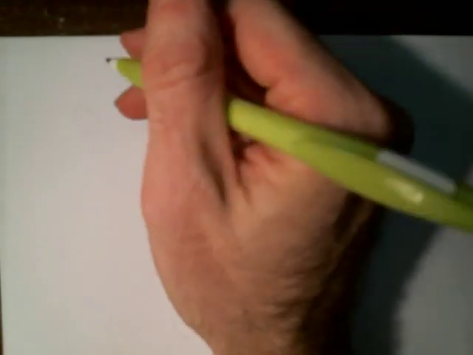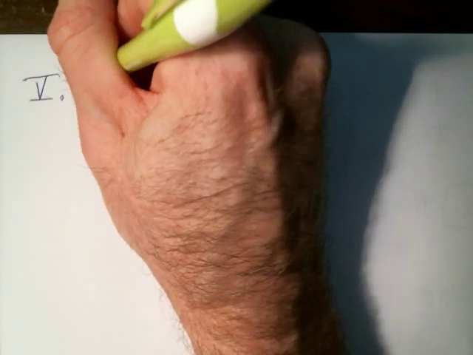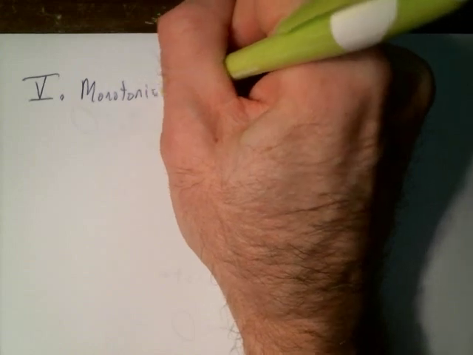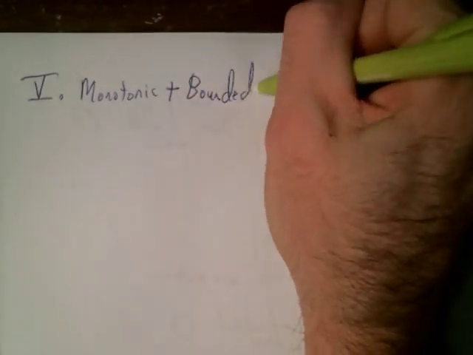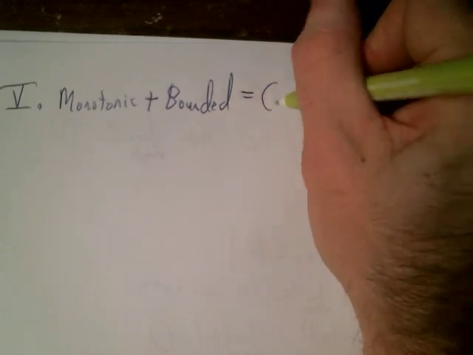Okay. So in section 5, if you can prove that something is monotonic, and then you can also prove that the thing is bounded. Monotonic means it's always increasing or it's always decreasing. That'll mean it's convergent.